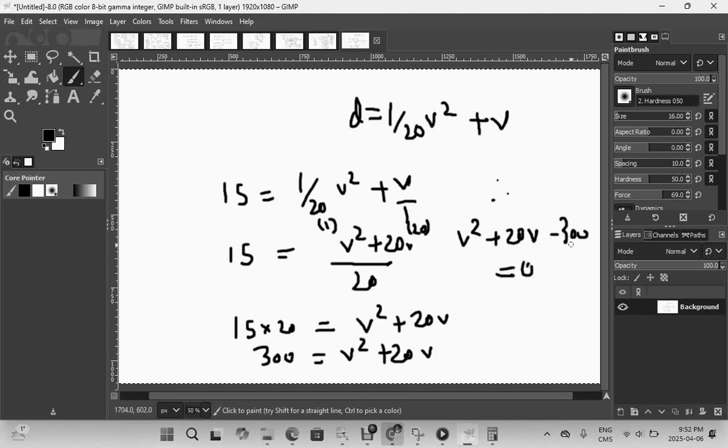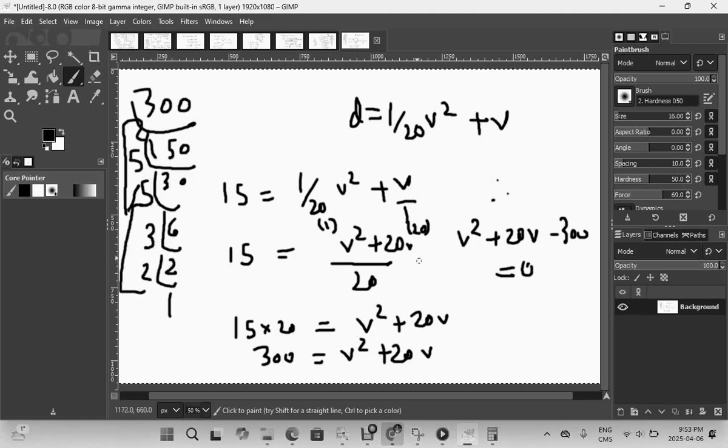Which two numbers will give us negative 300 as a product, and when added will give us 20? We know that positive 30 and negative 10 will give us 20 when added, and negative 300 when multiplied.